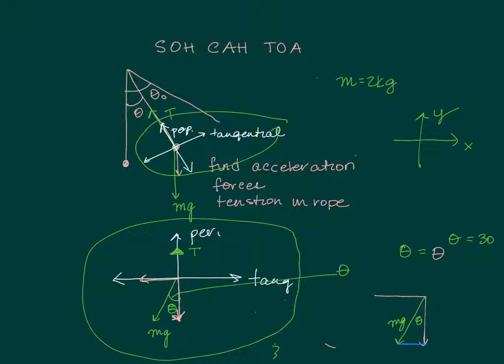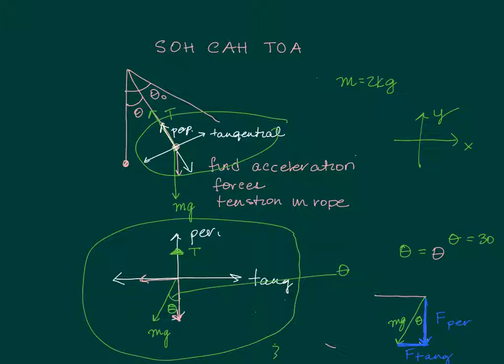Okay, so now we have a right triangle. It has two sides, the two blue sides. And now we need to use the SOHCAHTOA rules to determine this is F in the perpendicular direction, and it points downward. And this is F in the tangential direction, and it points to the right.